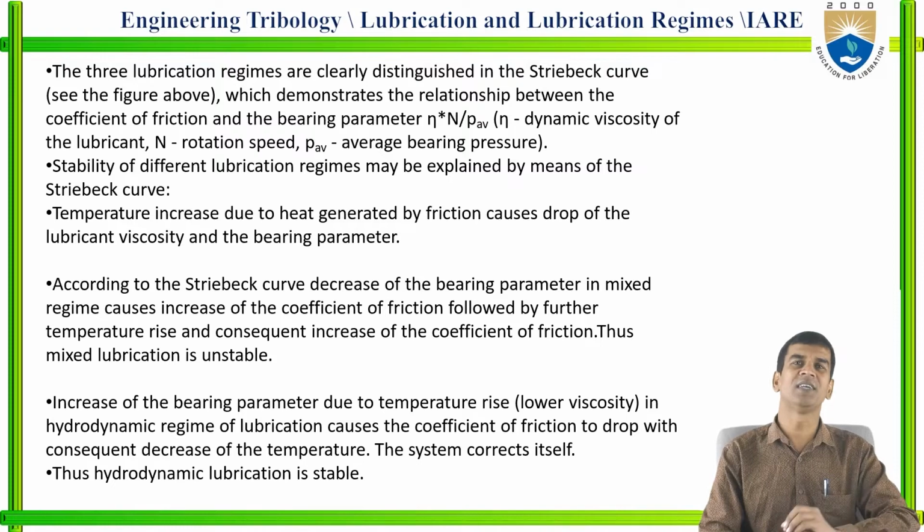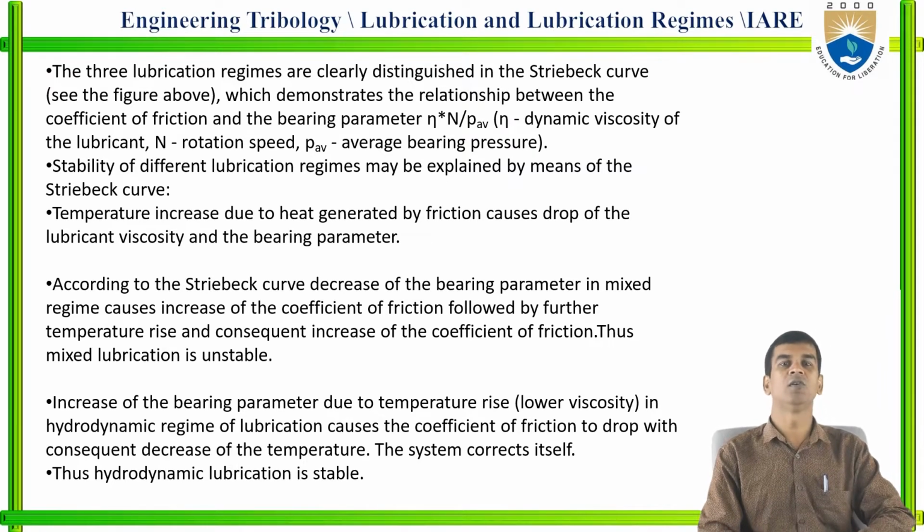When the temperature increases, viscosity decreases, as a result of which the bearing parameter also decreases. Next point: according to the Stribeck curve, the decrease of the bearing parameter in the mixed regime causes an increase in the coefficient of friction. Further temperature rise takes place, and the coefficient of friction increases again. Thus, mixed lubrication is unstable.